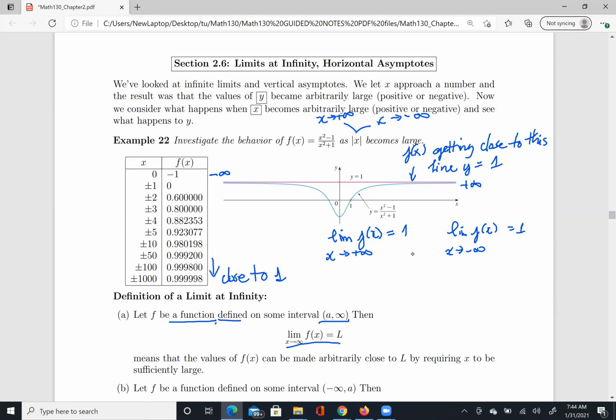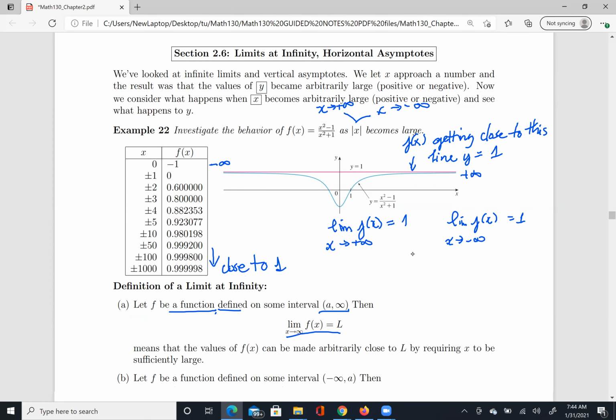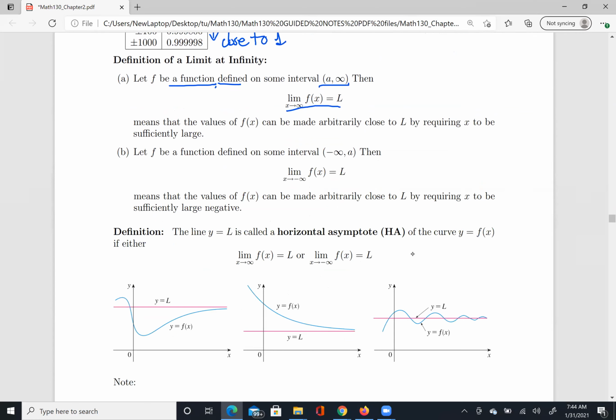Then the limit of f(x) as x goes to infinity equal to L means that the values of f(x) can be made arbitrarily close to L by requiring x to be sufficiently large. That's what we just saw in the previous example.